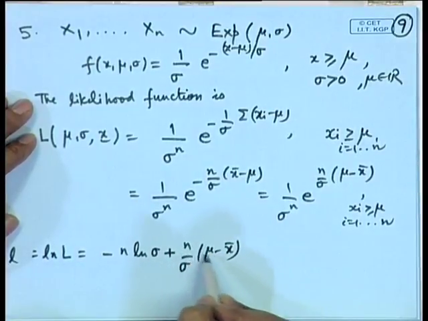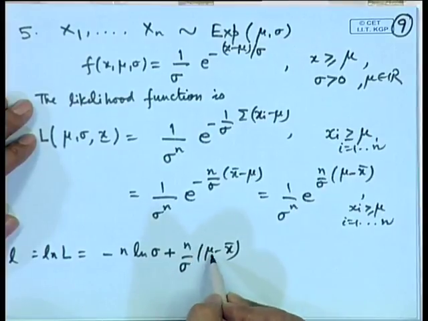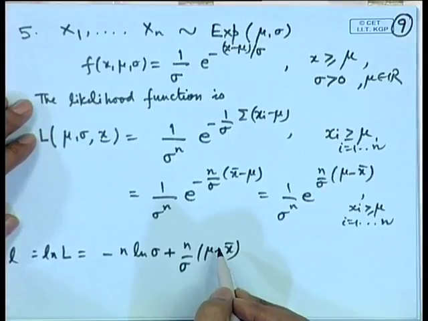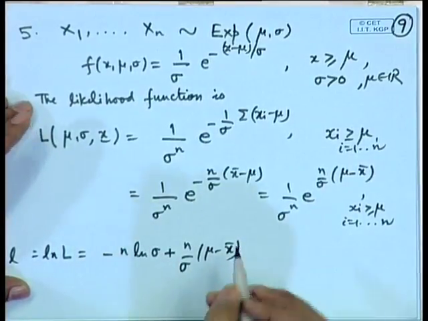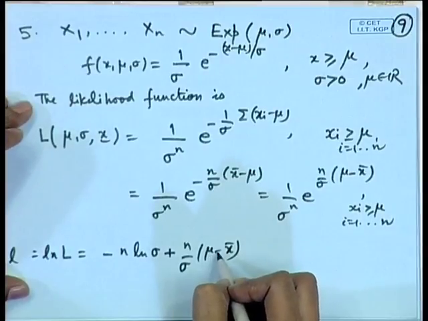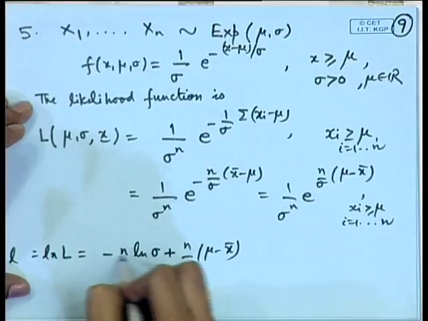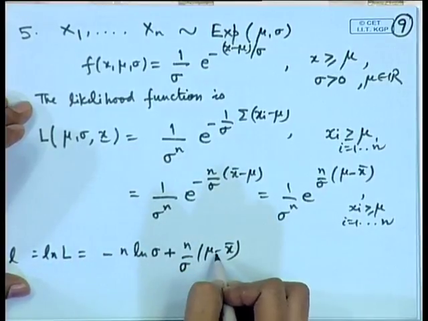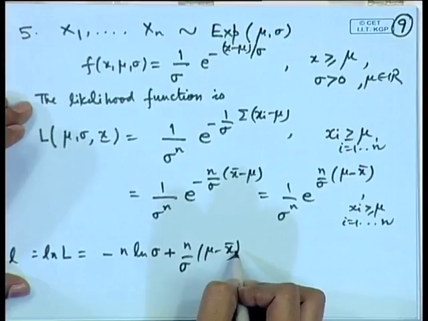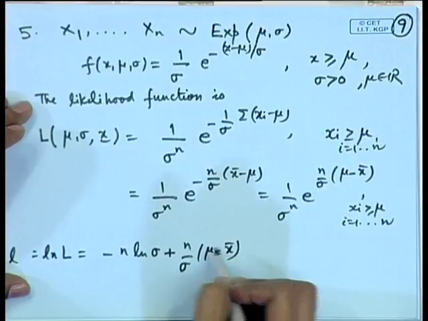You can see here, if I differentiate with respect to mu and put equal to 0, I get an absurd result. However, with respect to sigma we can do that, but for finding the maximum likelihood estimator with respect to mu, we can use a direct argument. This is an increasing function of mu.